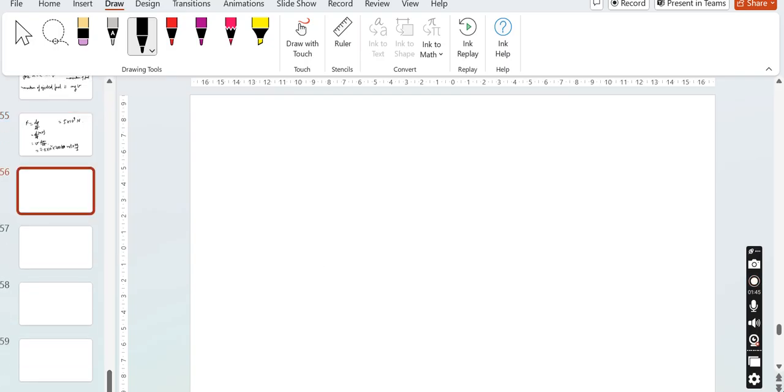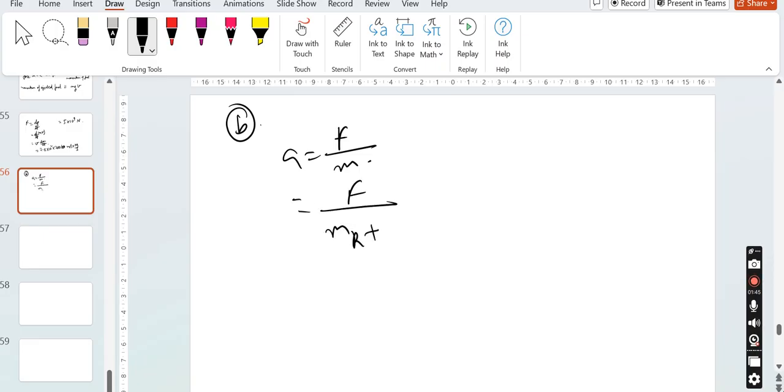Now we need to know the acceleration as a function of time. So we know acceleration is basically force by mass. Here there is total mass, mass of rocket, and mass of fuel.